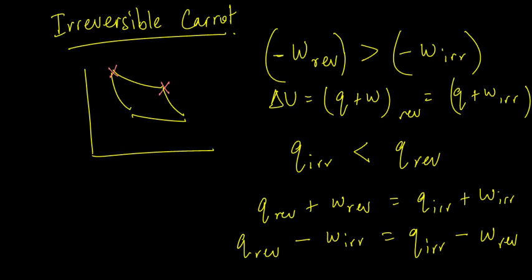See, all that I am saying is that delta U is equal, either in the reversible case or irreversible case. Yes. So if this term is small than this term, then this term has to be larger than this term. Right?